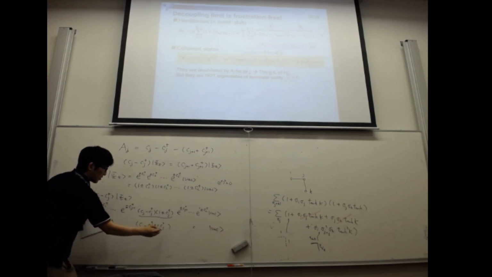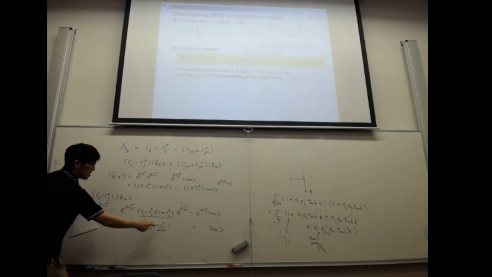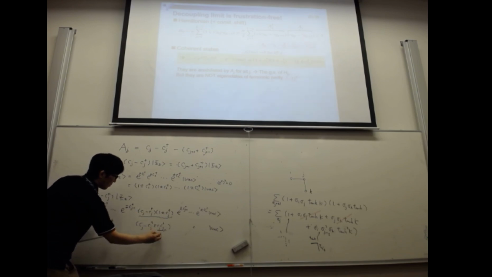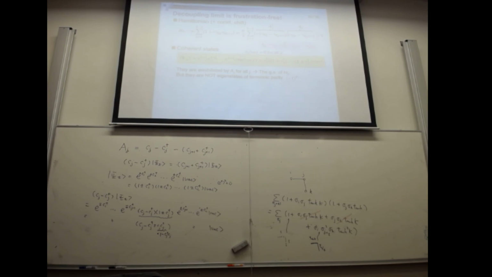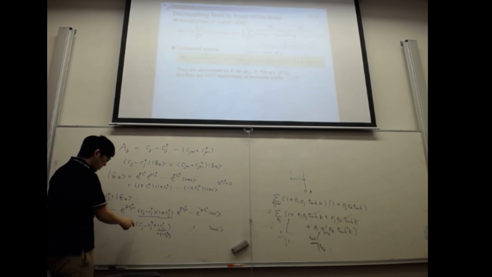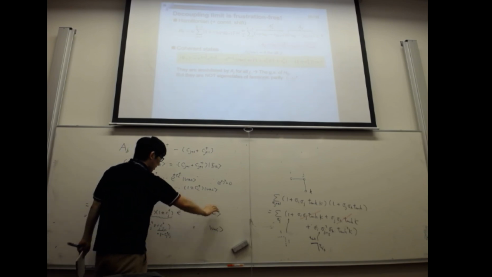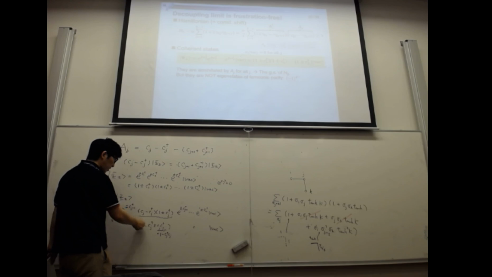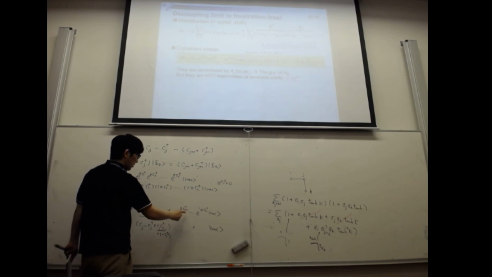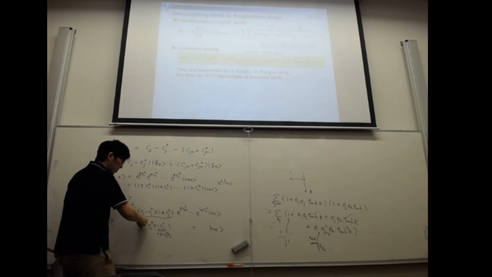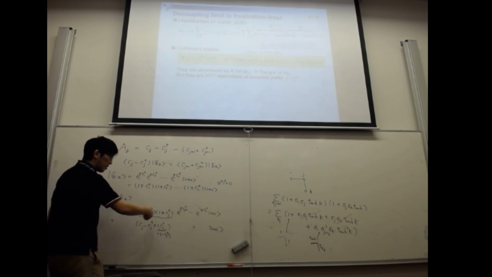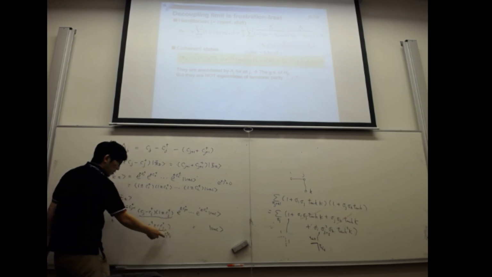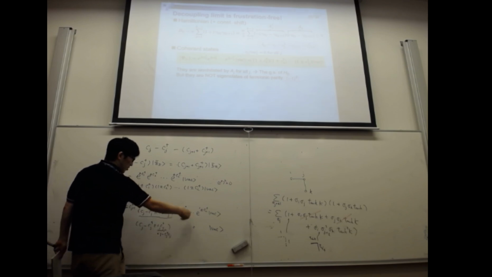Then if you use the anticommutation relation between c and c dagger, you can rewrite it this way: 1 minus c_j dagger c_j. Then you can take this c_j all the way to the right, because it anticommutes with these guys. In any case, you can take it all the way to the right, and then you get just 0, because c_j annihilates the vacuum. And similarly, this part just gives you 0.